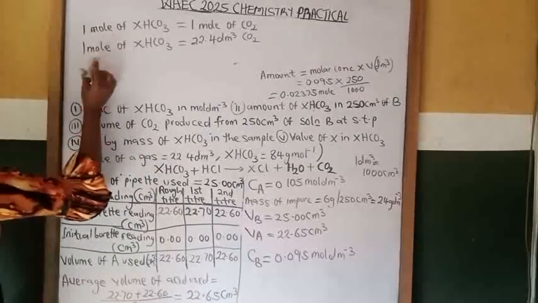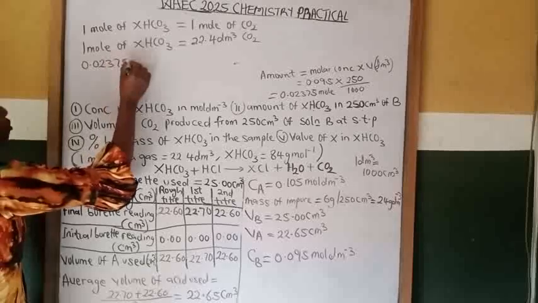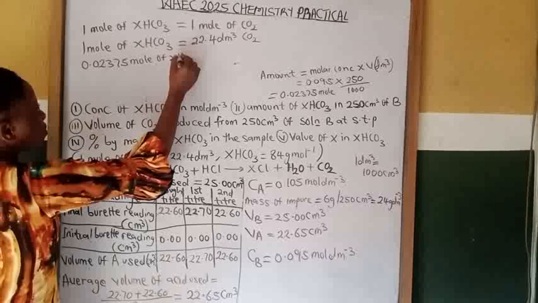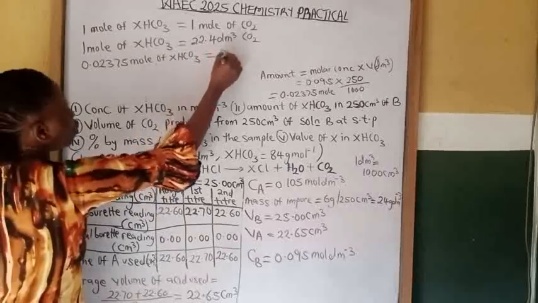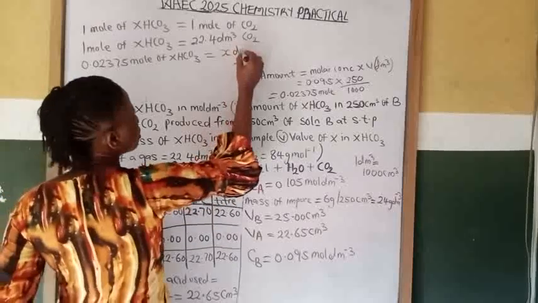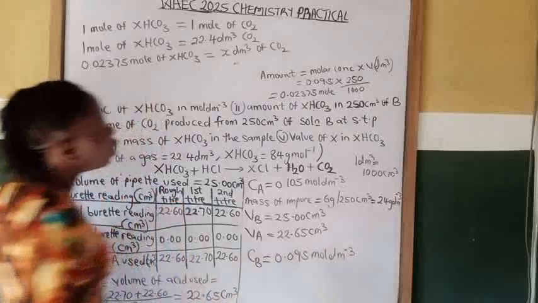So you now bring this number of mole down here. You now say that is 0.02375 mole of XHCO3. Then we produce X dm cube of CO2.